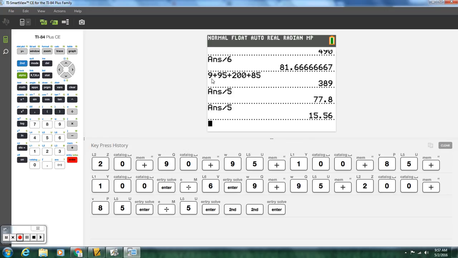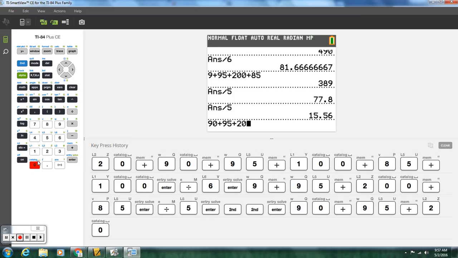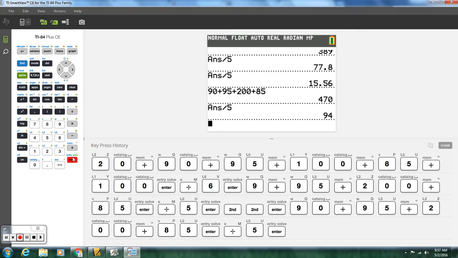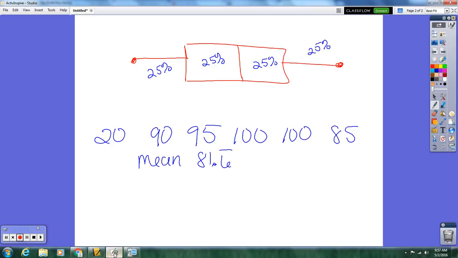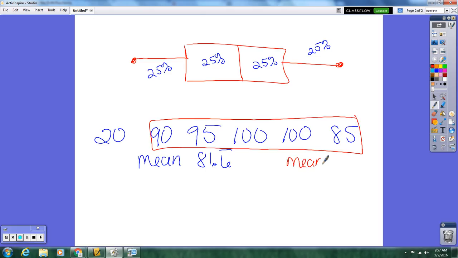Divided by 5, there we go. So now the mean is 94. So when I take out a low number, what happens to the average? It increases.